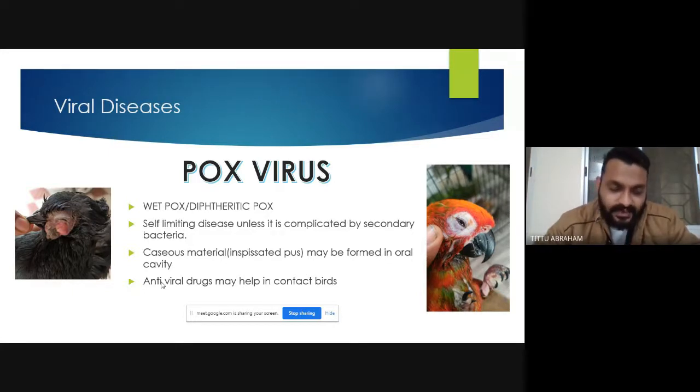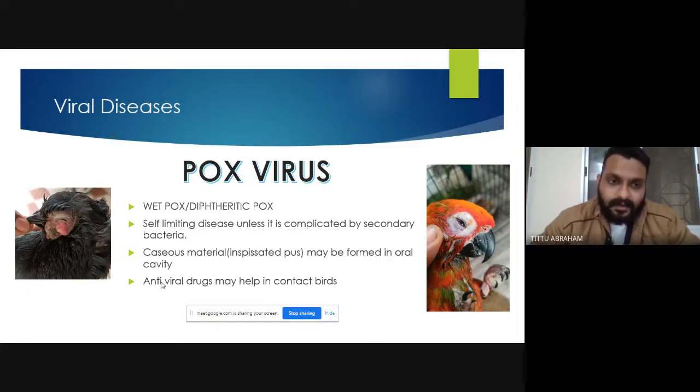Next is the cage. You need to sterilize the cage, and if you are using any disinfectants, please try to avoid using them on the birds. Some products are advised, but still try to avoid them as much as possible because they cause some kind of irritation to birds. Another thing is that many people ask about ointments.